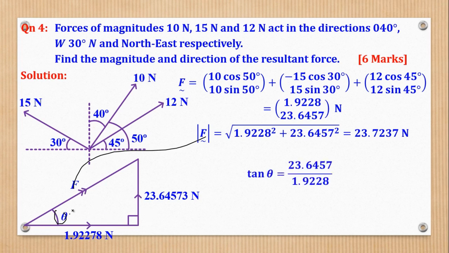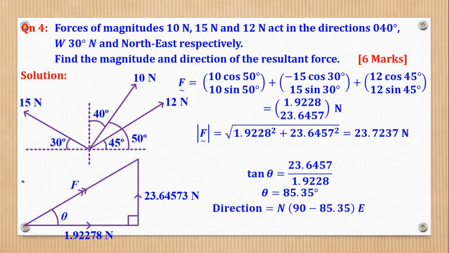Tan theta is equal to opposite over adjacent to give you this, and use the calculator to get the value of theta. Then you can state the direction, that it is north because north is this side, so they want this bearing. So north 90 minus 85.35 degrees east, which is north 4.66 degrees east.